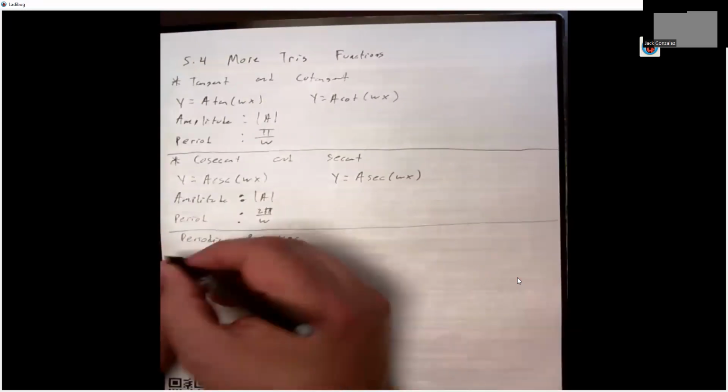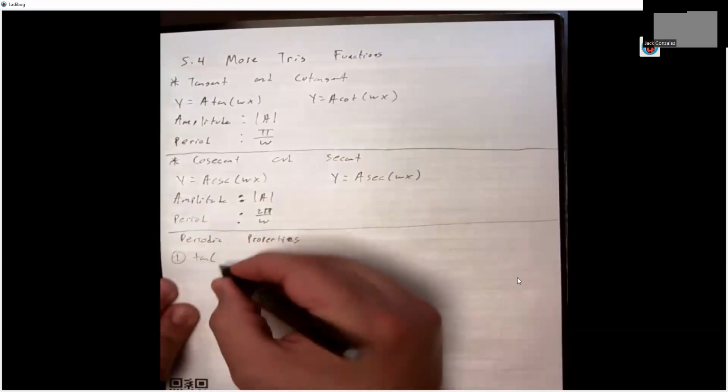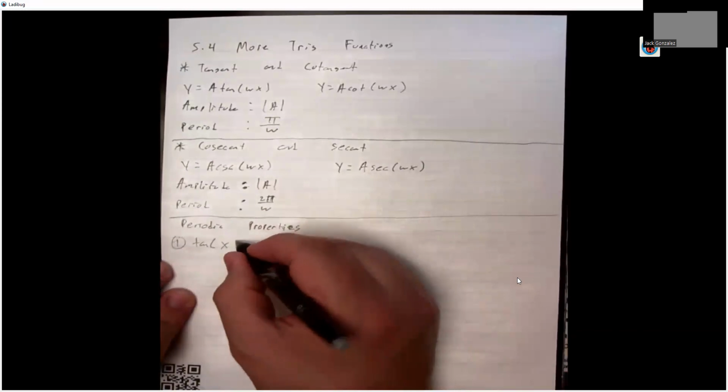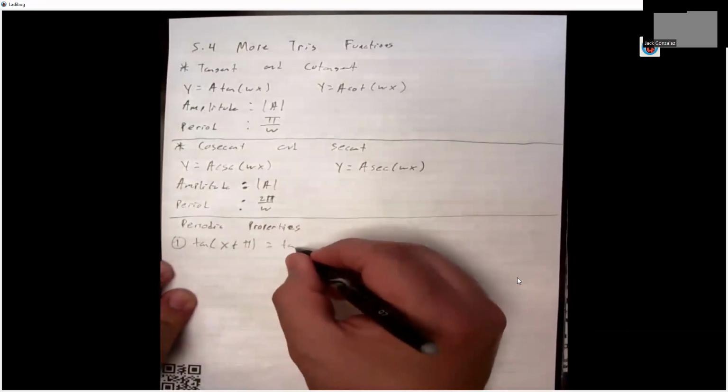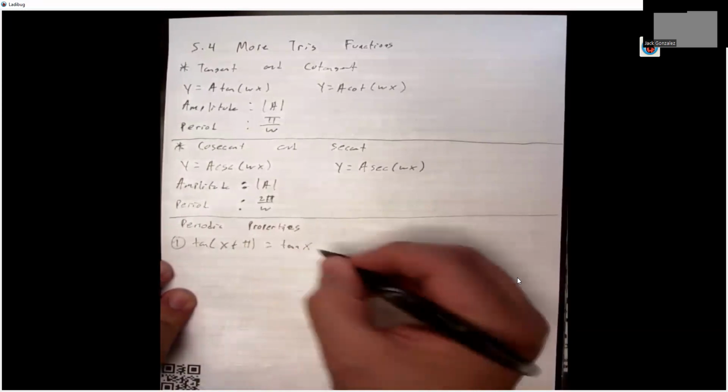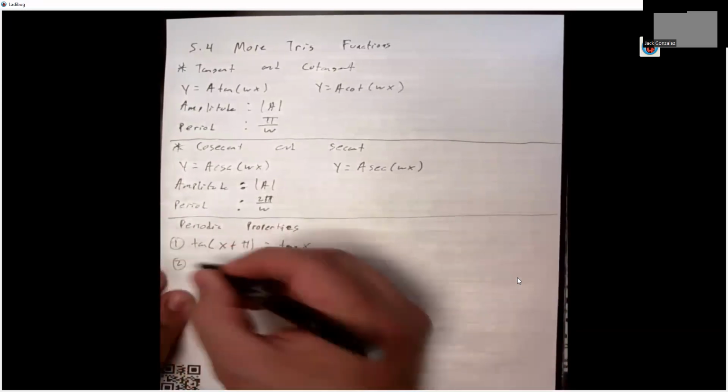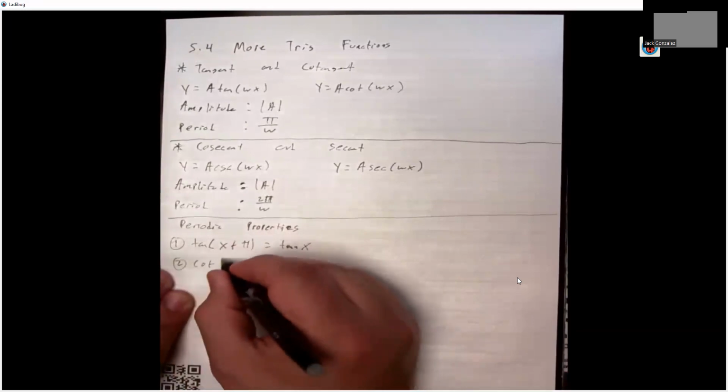Okay, periodic properties. Number 1. Tangent is periodic every pi. So if you add pi to the argument, it's as if you didn't. Start at the beginning. Number 2, cotan.